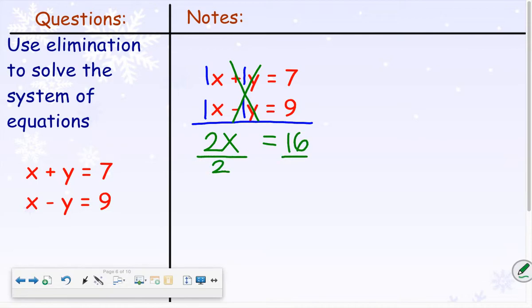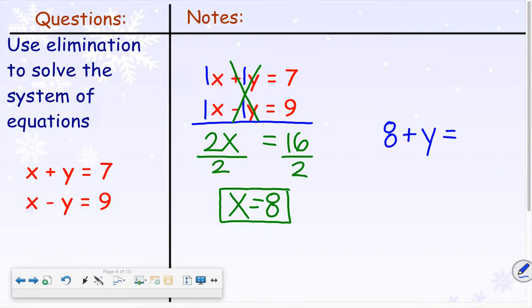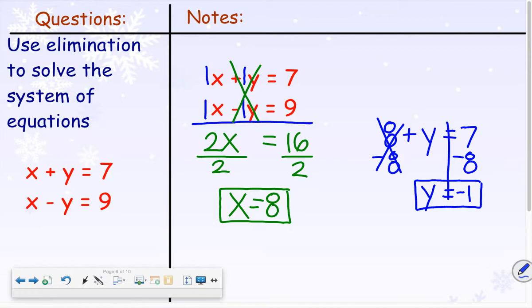Divide both sides by 2, and I have x equals 8. Take that 8 and plug it in for x in my top equation. So 8 plus y equals 7, minus 8 on both sides, and I have y equals negative 1. So (8, negative 1) is my solution.